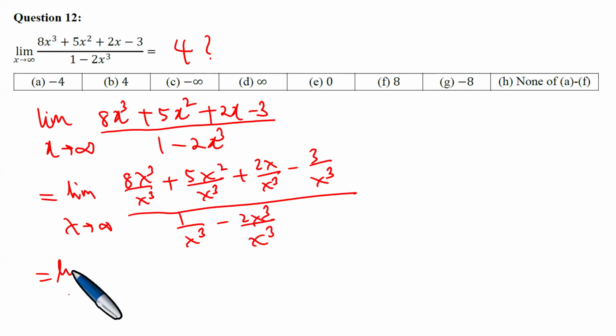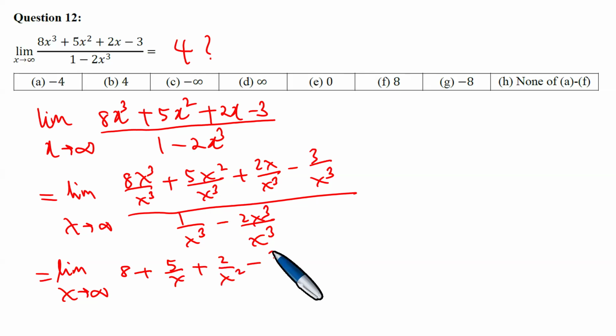As you divide this, it is exactly 8, then minus 5 over x from x squared divided by x cubed, plus 2 over x squared minus 3 over x cubed, all divided by 1 over x cubed minus 2.